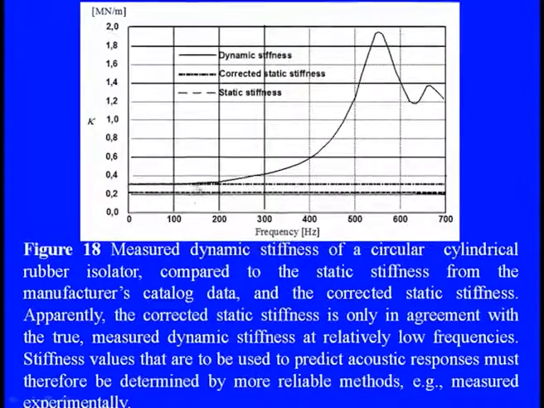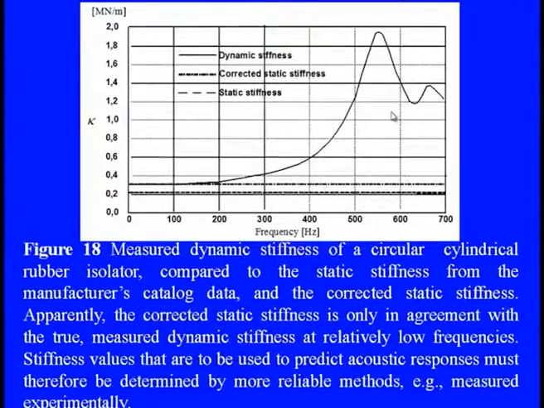At the lower frequencies the difference is almost negligible. They are absolutely close, both the corrected static stiffness and the dynamic stiffness in this region. But as we move towards higher frequencies, from 300 hertz and above, there is a clear variation.